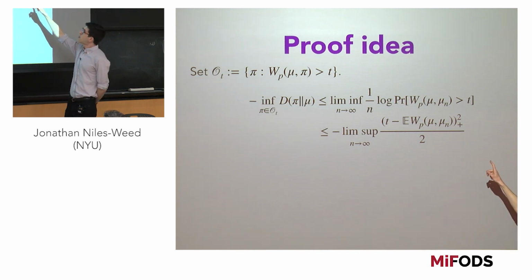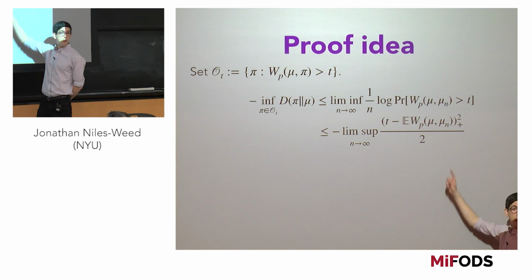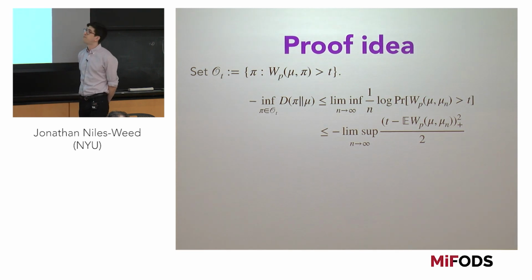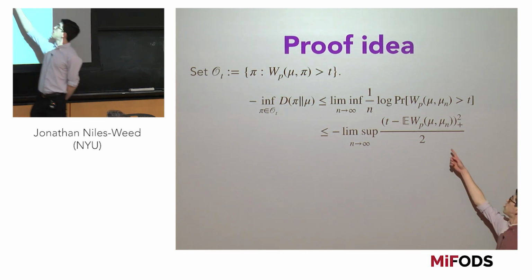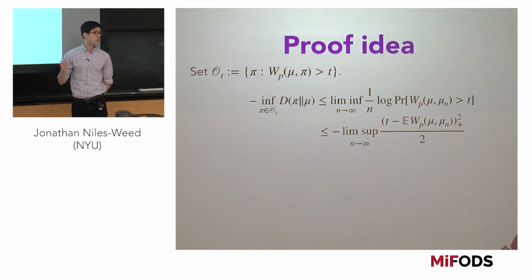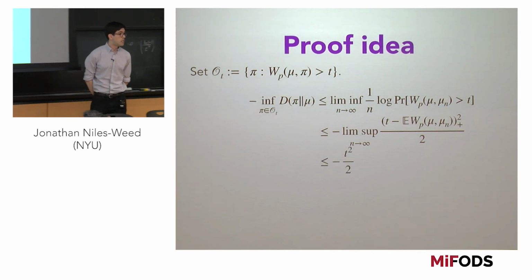But once I subtract out the mean, then this probability, by assumption, can be bounded by this quadratic thing. Now I take the lim sup as n goes to infinity. The only thing that changes is this expectation term dies, because this thing converges to 0. So all that's left here is just minus t squared over 2.